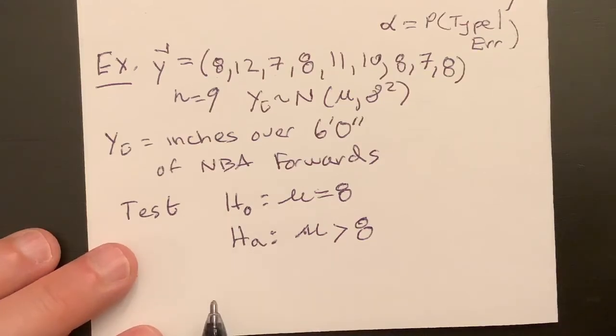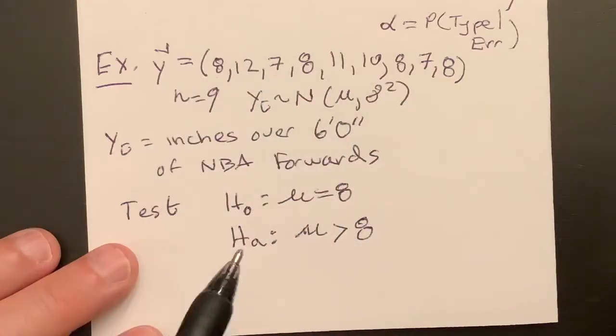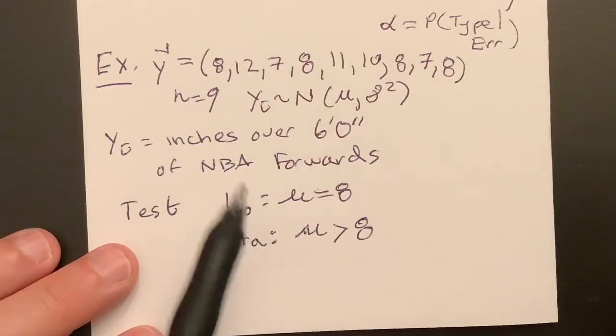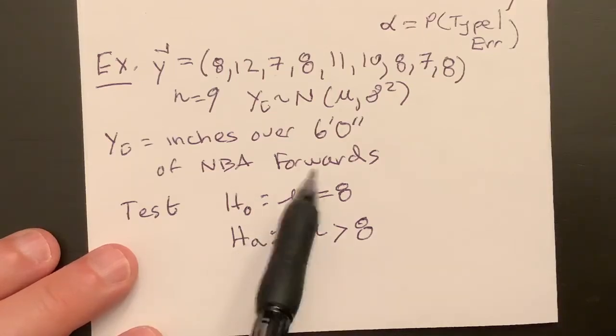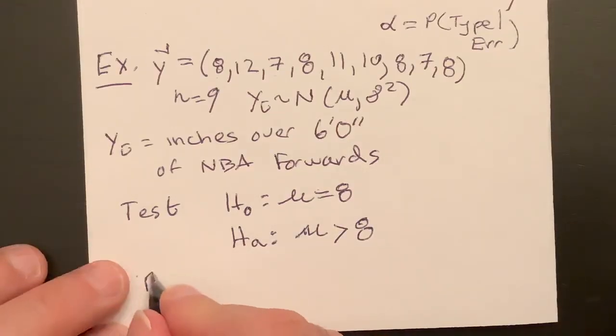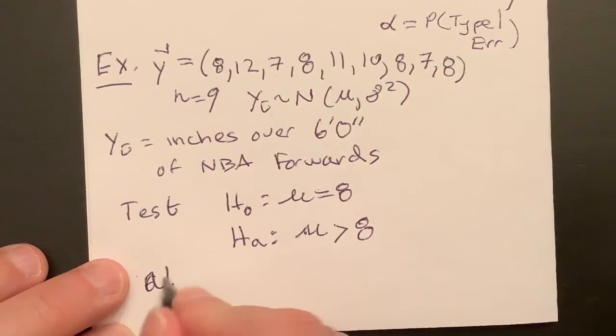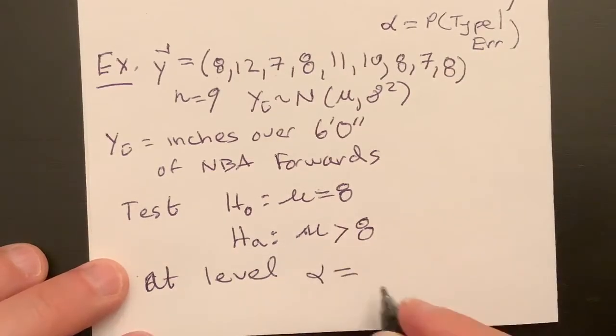So now we have the data here, so I can compute t. Do you see that? We have everything to compute t. So there's 2 approaches to do this test. I haven't given an alpha yet, so let's give an alpha. Let's say we test this at level alpha equals 0.05.